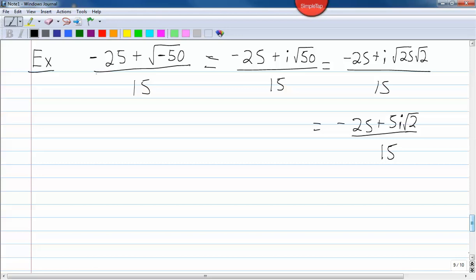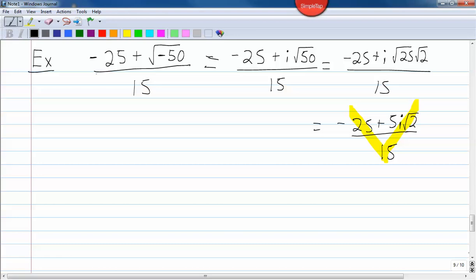Alright, so the last thing that we do, if we have a complex number that's a fraction like this, is we need to break it up into its real part and its imaginary part. That's term-wise division. We're breaking a fraction down into its multiple terms.